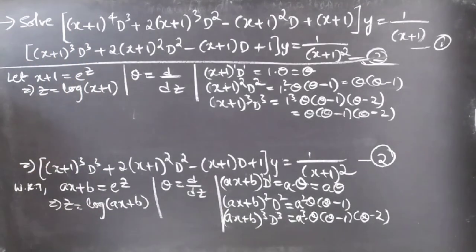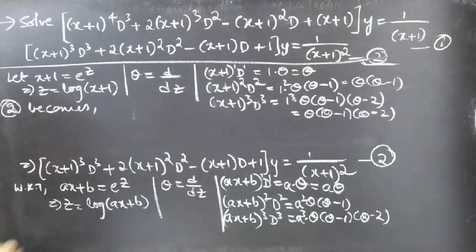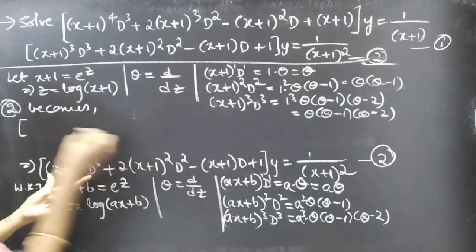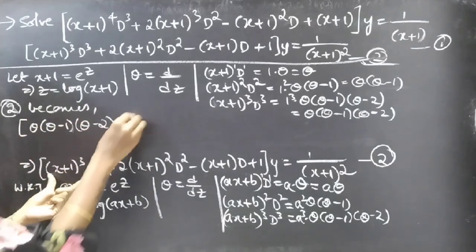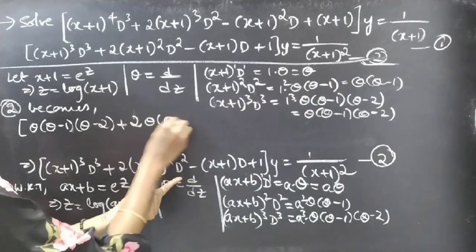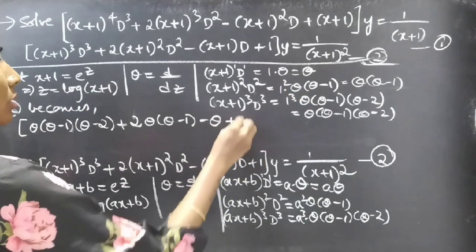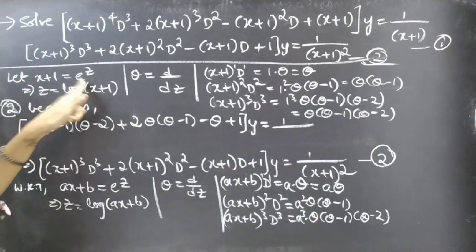Now equation 2 becomes: replace (x+1)^3 D^3 by theta(theta-1)(theta-2), plus 2 times, replace (x+1)^2 D^2 by theta(theta-1), minus, replace (x+1) D by theta, plus 1, y equals 1/(x+1)^2.